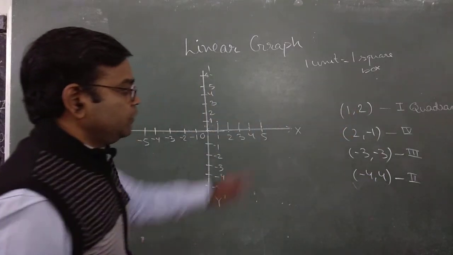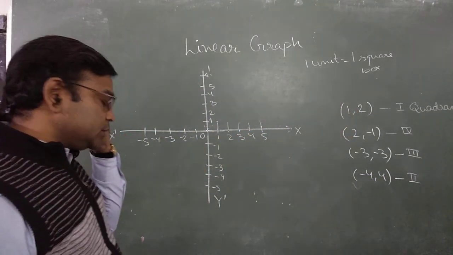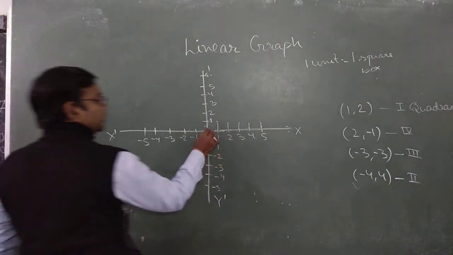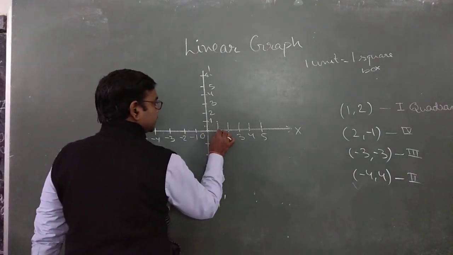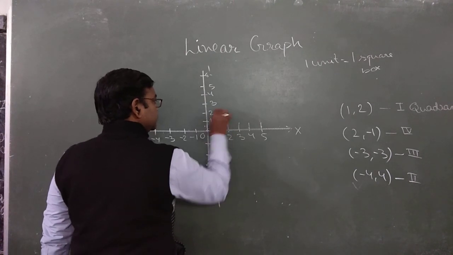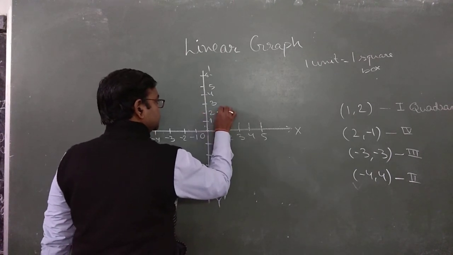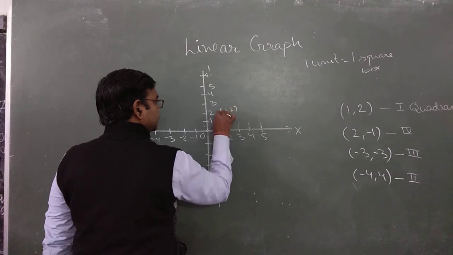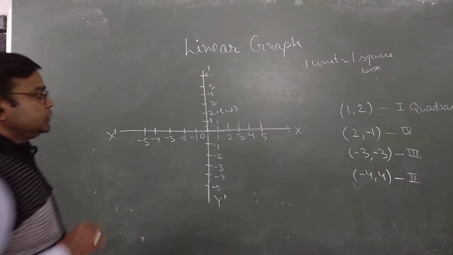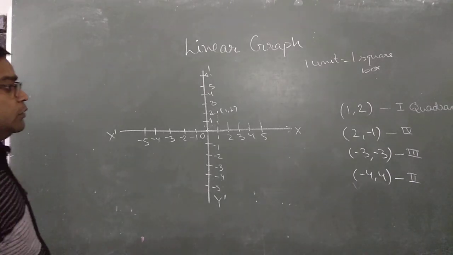So first we decide the quadrants, then we locate the point. First (1, 2). Along x we move to 1, then along y we move to 2. So this is your first point. Use some dotted lines.